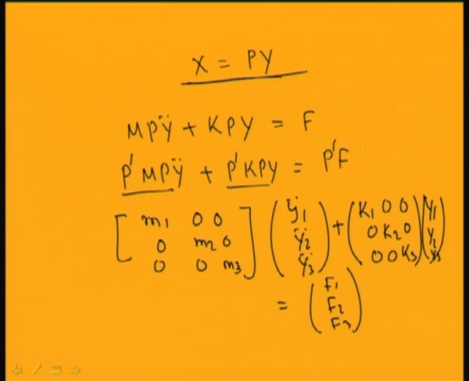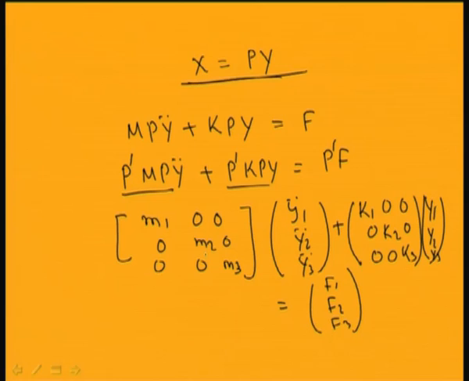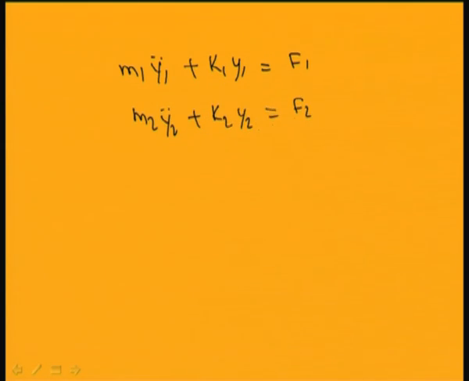So, this multi degrees of freedom system equation is now converted to a set of uncoupled equations, which can be written in this form: M1 y1 double dot plus k1 y1 equal to F1, and M2 y2 double dot plus k2 y2 equal to F2, and M3 y3 double dot plus k3 y3 equal to F3.